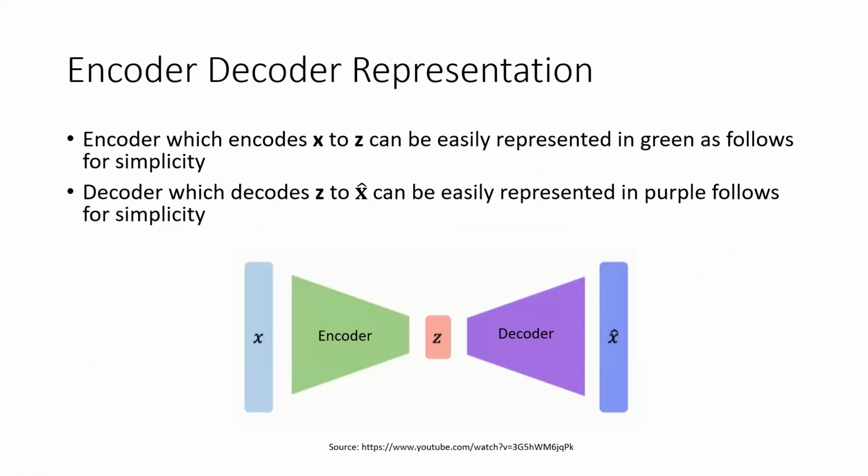So when you are representing an autoencoder, we are no longer going to draw it as a sequence of layers, because there can be an arbitrary number of layers.